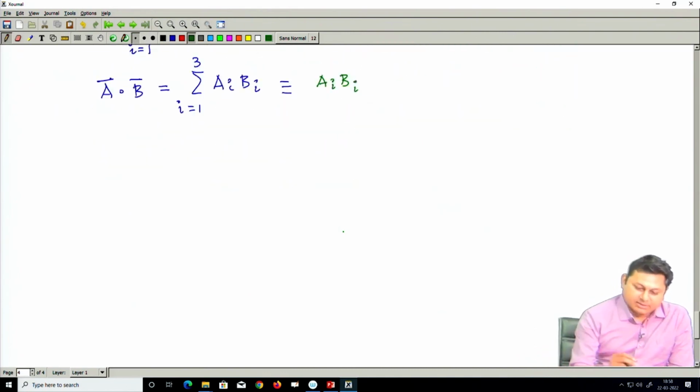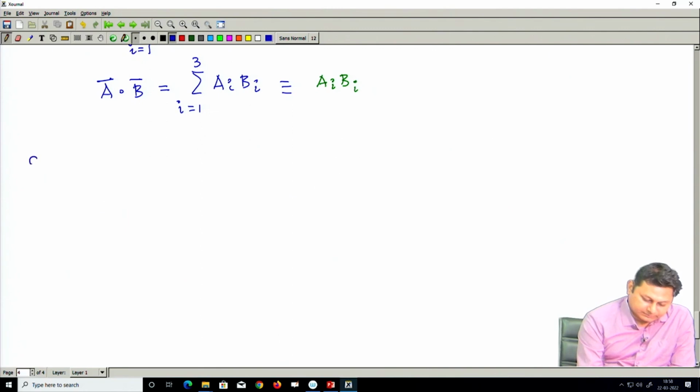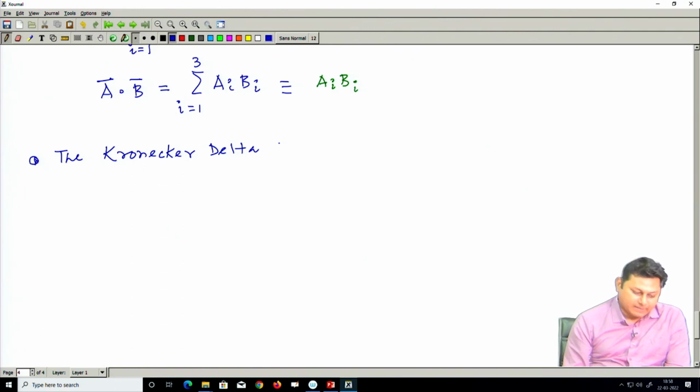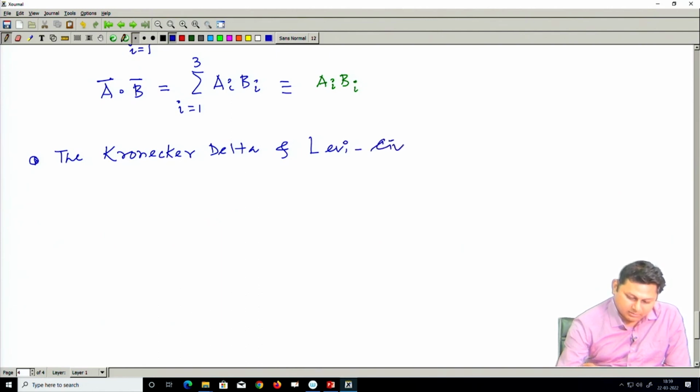Okay, next, again an important thing: I would like to define the Kronecker delta and another symbol, and that is called the Levi-Civita symbol.